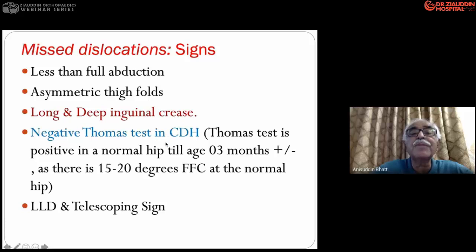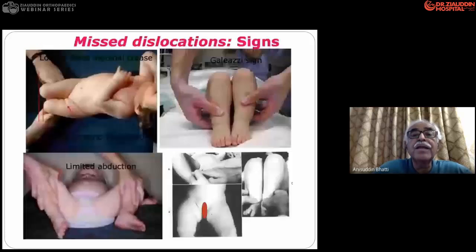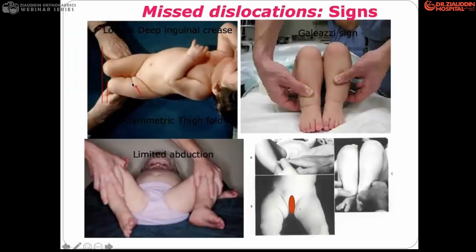If it is not present, it means there is a problem in the hip joint, and telescoping and shortening of the length.